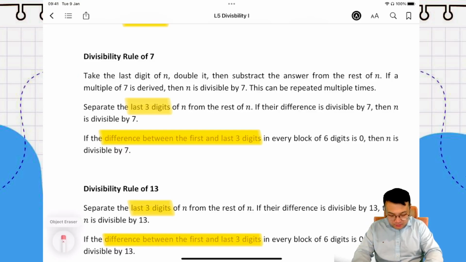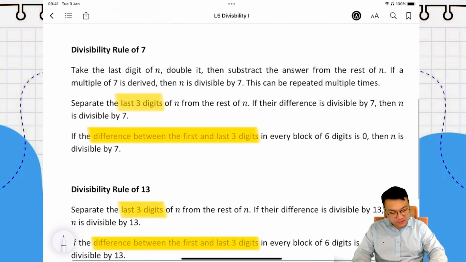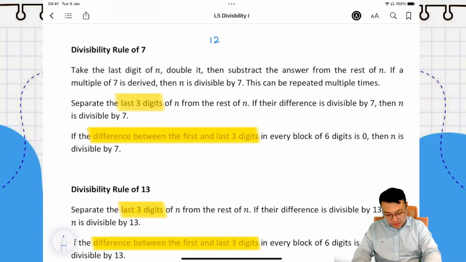This rule states that in order to determine if a number is divisible by 7, let's say you have 123. You want to know whether this is divisible by 7. You take the last digit, number 3, then you double it, and you subtract this from the remaining number.